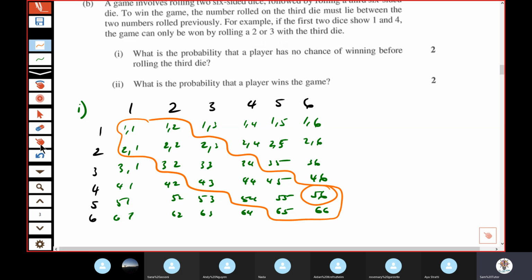And then how many is that? 1, 2, 3, 4, 5, 6, 7, 8, 9, 10, 11, 12, 13, 14, 15, 16 out of 36. Did I miss any? Doesn't look like it. Yep, I'm happy with that. All good? That makes sense?